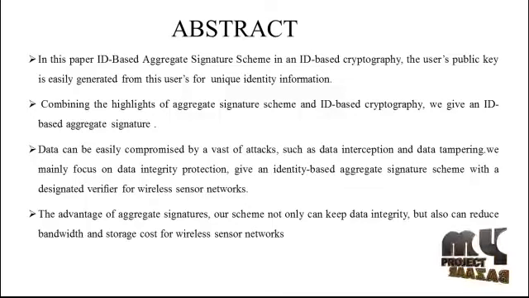Data can be easily compromised by a variety of attacks, such as data interception and data tampering. We mainly focus on data integrity protection, and give an identity-based aggregate signature scheme with a designated verifier for wireless sensor networks. With the advantage of aggregate signatures, our scheme not only can keep data integrity, but also can reduce bandwidth and storage cost for wireless sensor networks.